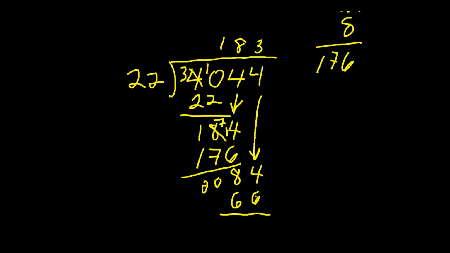And bring this down once again. Can't take any from that, becomes a 7. That becomes 14. 6 from 14 is 8. 6 from 7 is 1. 18 is our remainder. So the answer to 4044 divided by 22 is 183 with a remainder of 18.